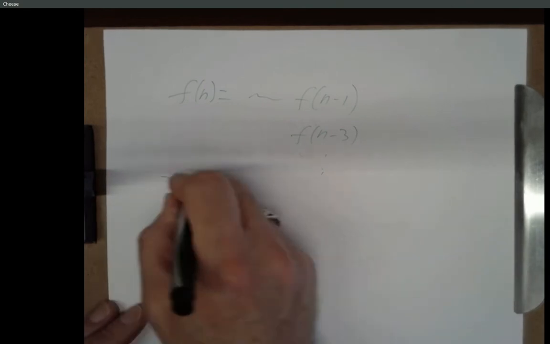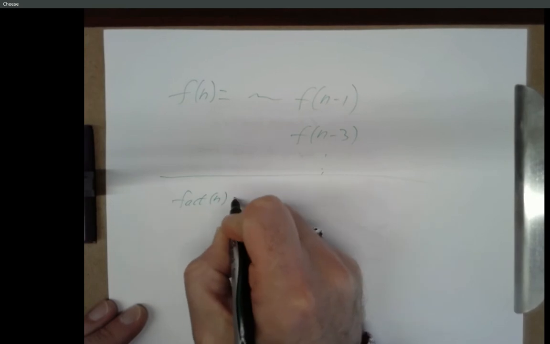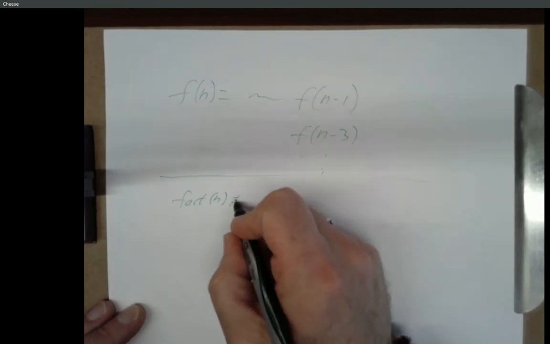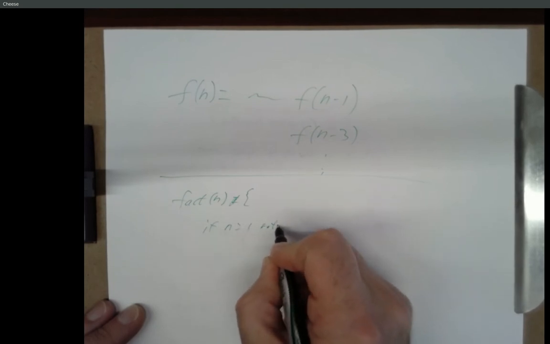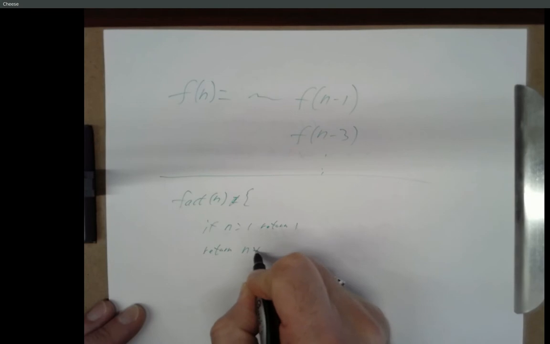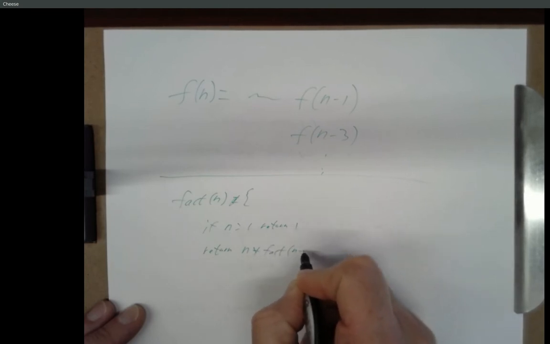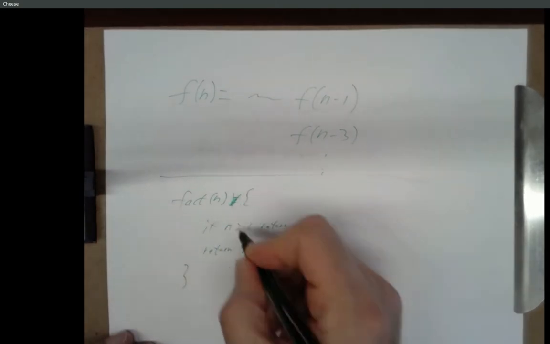And so if you want to write a factorial function, there's a typical base case. So fact of n says if n equals 1, just return 1.